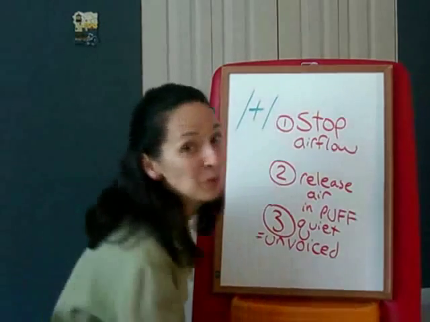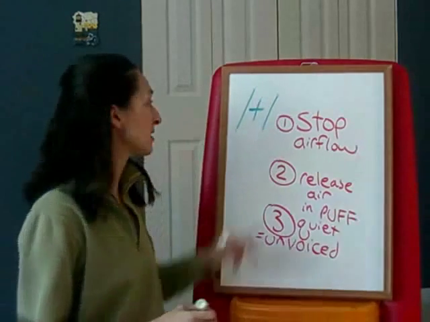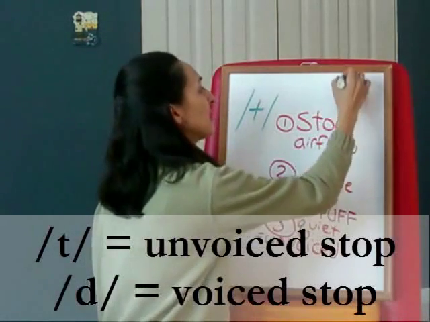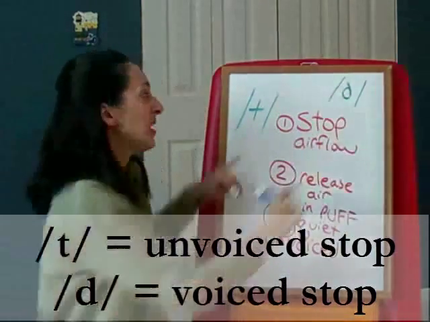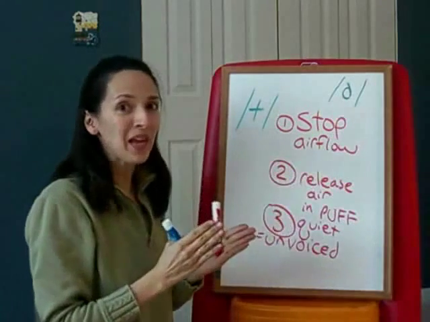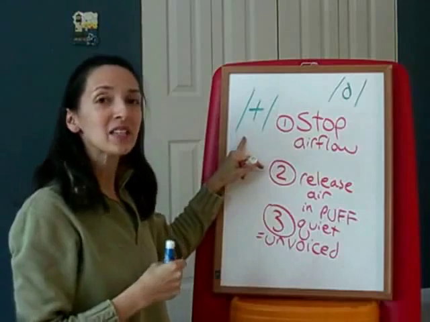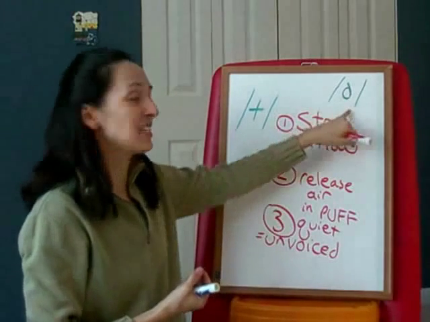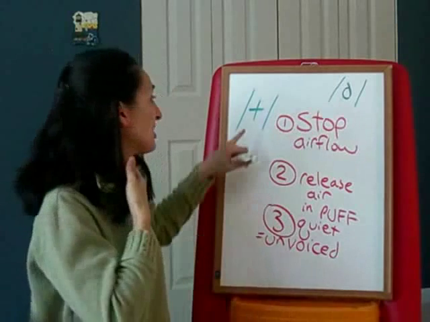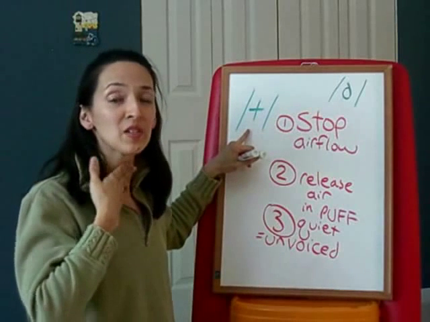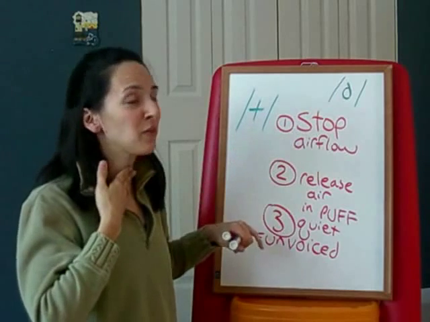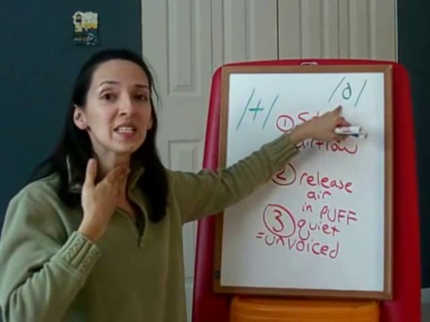You know you're doing it correctly if you can feel the difference between this and its voiced partner, D. These 2 consonant sounds are made basically the same way, but T is quiet, it's unvoiced, and D is voiced. So you'll feel no vibrations when you make the true T sound. T, t, t. And you will feel vibration when you make the D sound.